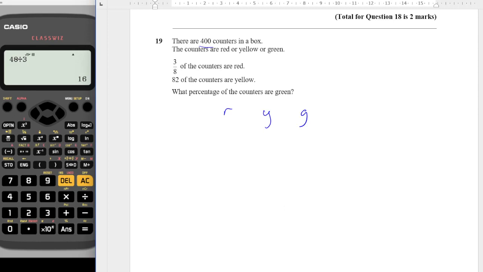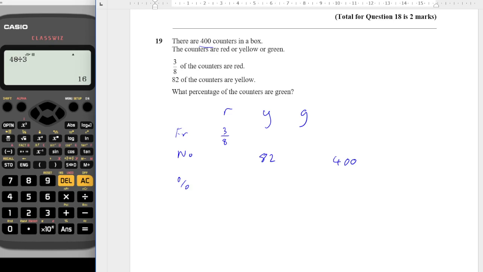So we've got mixtures of things really. So we've got fractions, we've got the numbers, and we want the percentages though. So we can say that we've got a fraction of 3/8 are red. We know that there are 82 yellow counters, and we also know that there's a total of 400 counters.